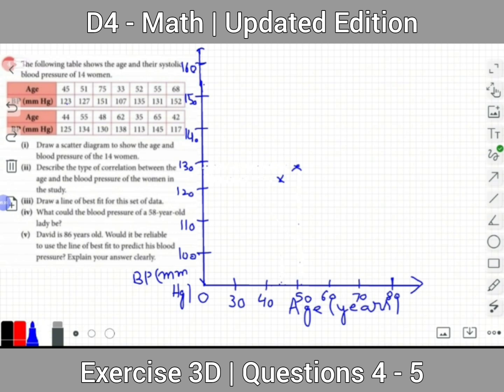Now for 75, here we have 72, 74 and 76. So here we have 75. For 75 we have 151. Here we have 150 and here we have somewhere 151.